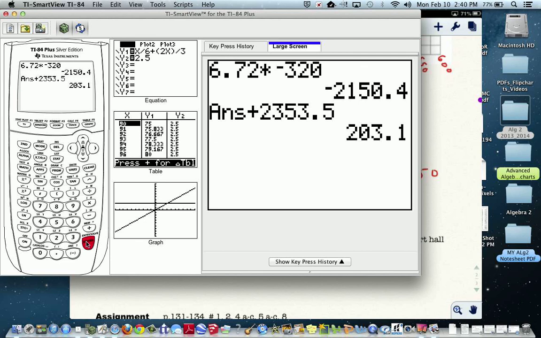And so if you switch to slope intercept form, you'd have 6.72x plus 203.10.